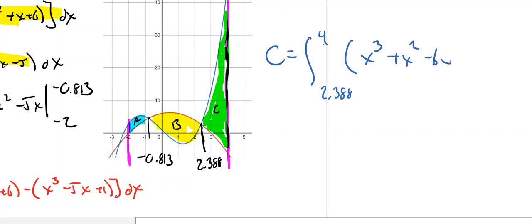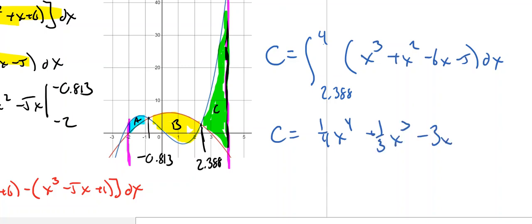And of course, the antiderivative is going to be the exact same too. So area C's antiderivative is 1/4 x to the 4th plus 1/3 x cubed minus 3x squared minus 5x from 2.388 to 4.